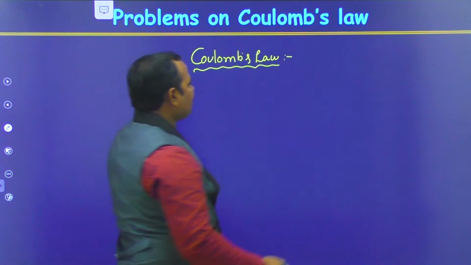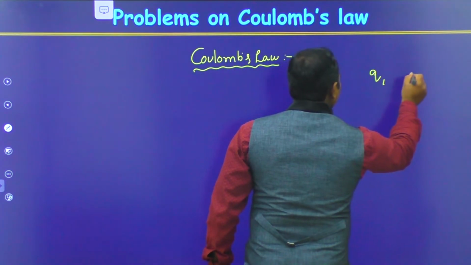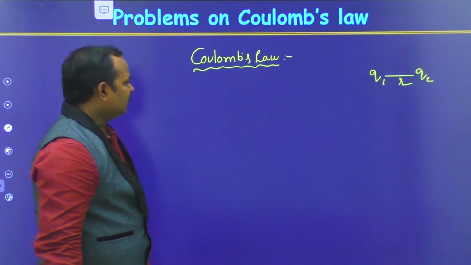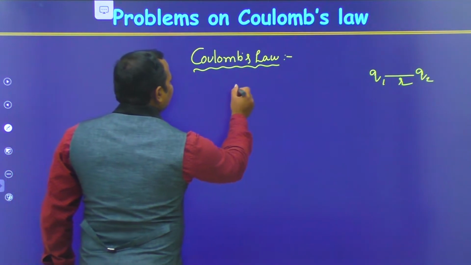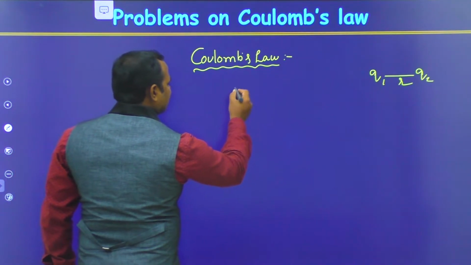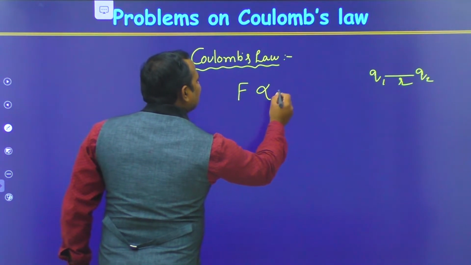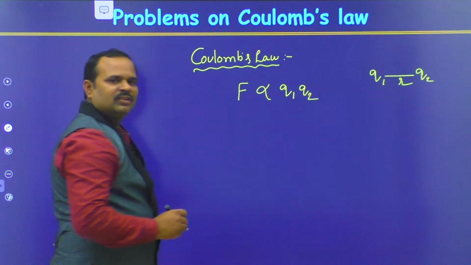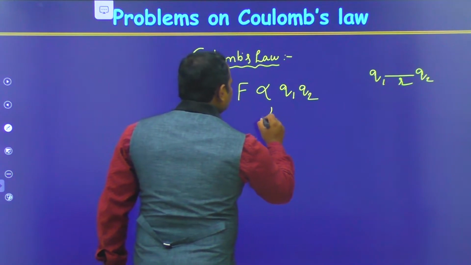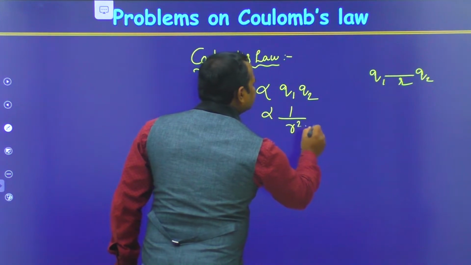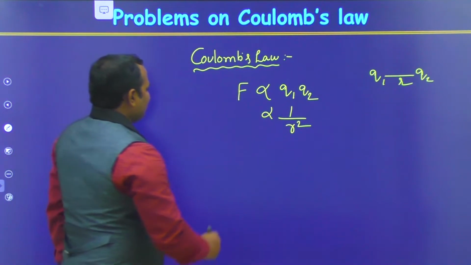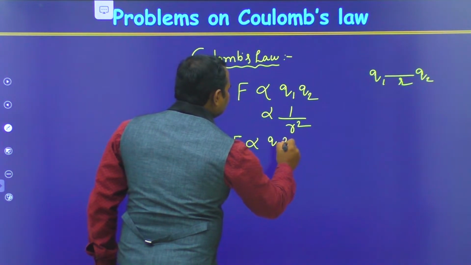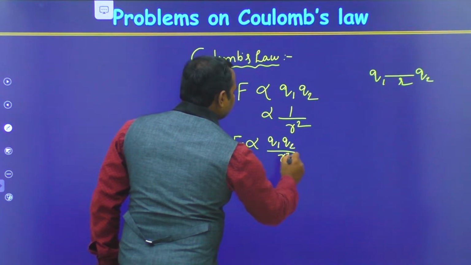Coulomb's law means if we have two charges q1, q2 separated by a distance r, then Coulomb states that the force of attraction or repulsion between the two charge carriers F is directly proportional to the product of the two charges and inversely proportional to the square of the distance between them. That means F is directly proportional to q1 q2 by r square.